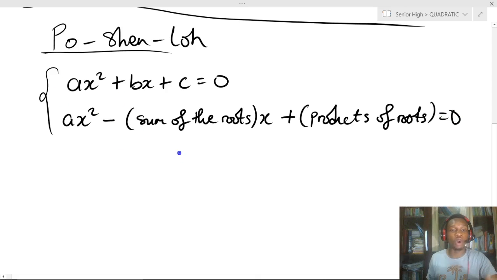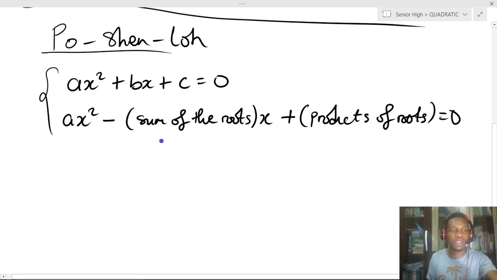If we already know what the roots are, you can form a quadratic equation without going the long way of expanding and multiplying. You can just build it by bringing in the sum of the roots and the product of the roots.